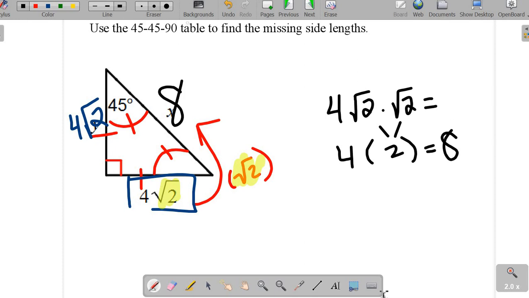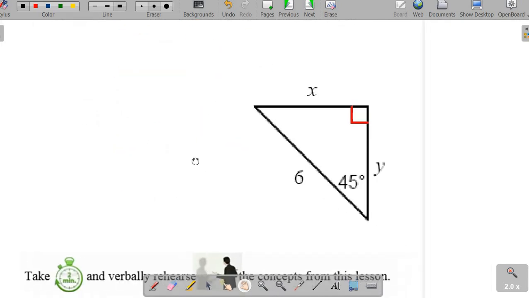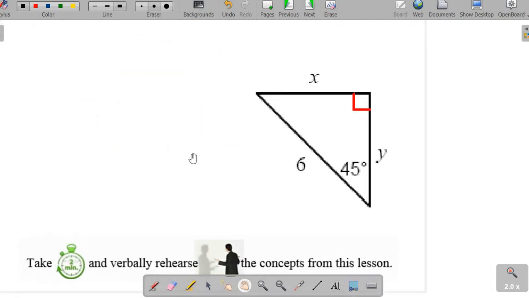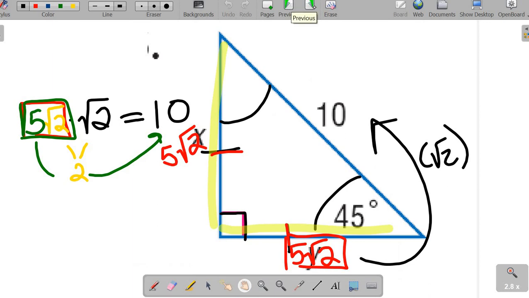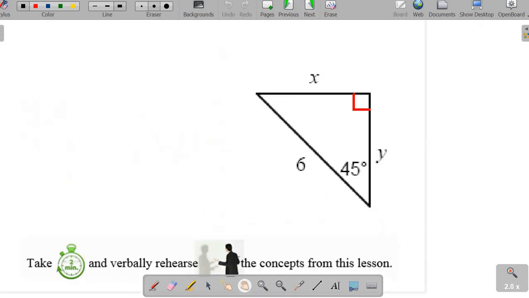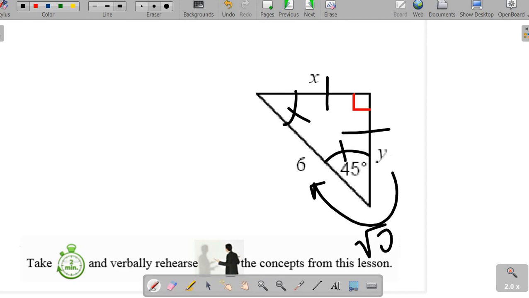The x is 8. Down here, 45, 45, 90, leg, leg, leg, root 2.